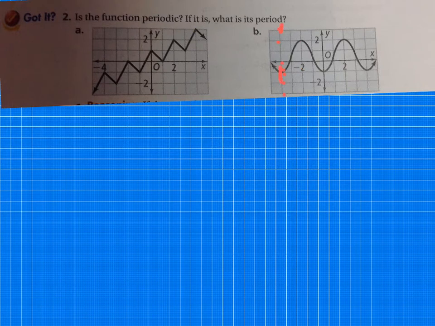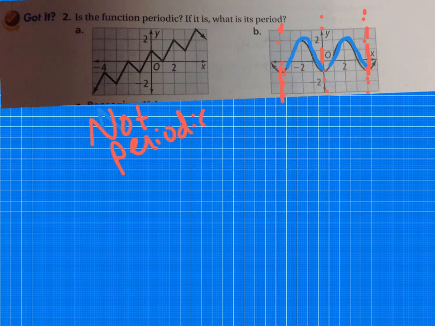So here's a minimum, minimum, minimum, and you can see that these sections repeat exactly. They're mirror images of each other. So function A is not periodic, but function B is periodic.